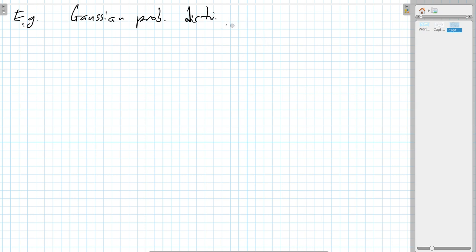And what is it? You have probability density p of x. Sometimes, loosely speaking, we say probability. So p of x is a constant c times exponential of minus x squared divided by 2a squared.